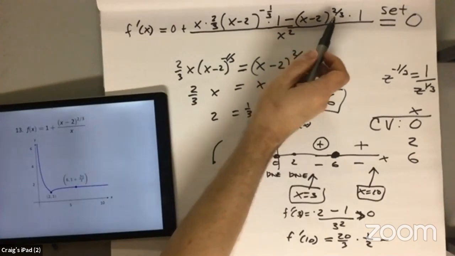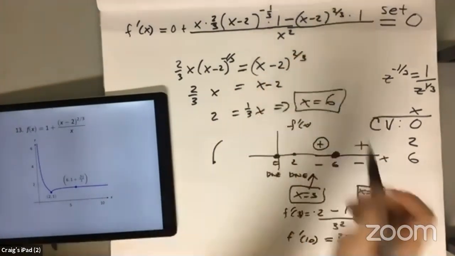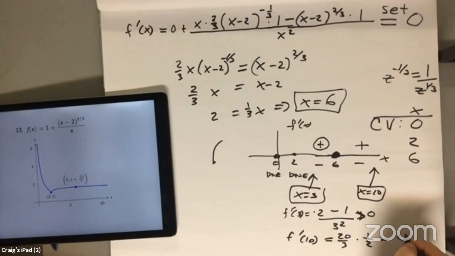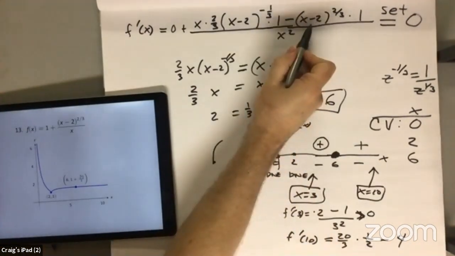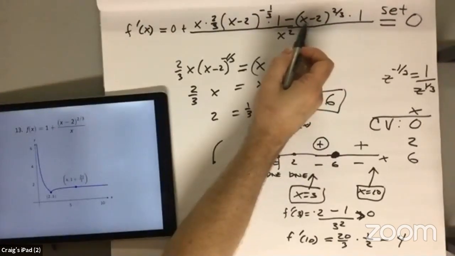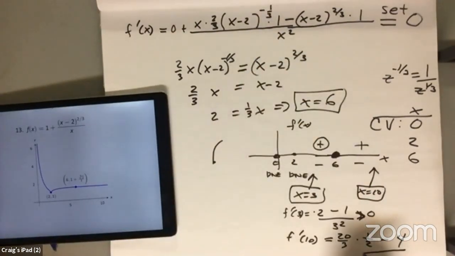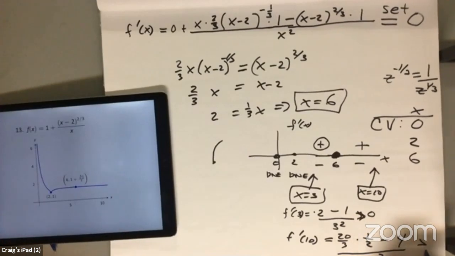Now 8 to the 1/3 power is 2, and 8 to the 2/3 power is 2 squared, so I square the cube root. In other words, I'm going to have 4 for the result of 10 minus 2 to the 2/3 power. You can just calculate that on a calculator or in your head. And finally, down here, I'm putting in x equals 10, so I have 10 squared, all divided by 10 squared. Now I just want to know, is that greater than 0 or less than 0?